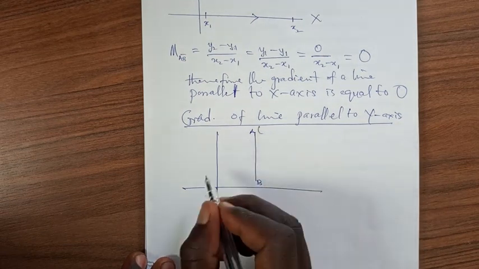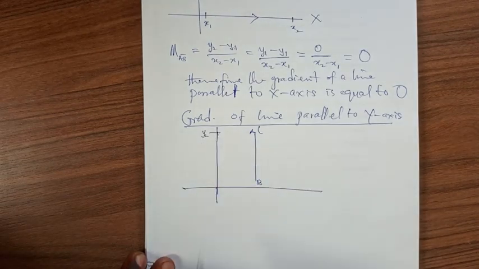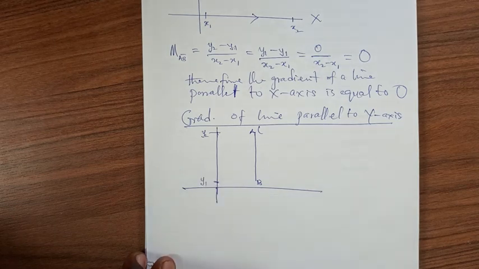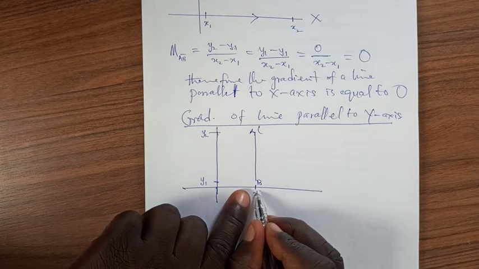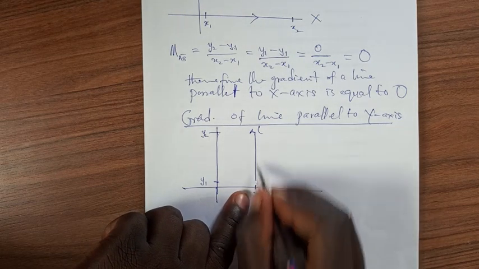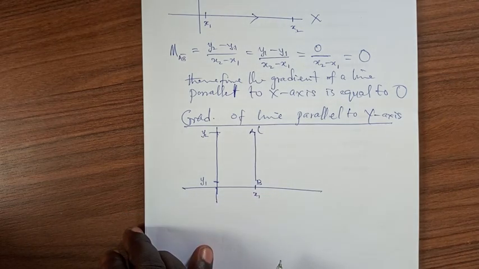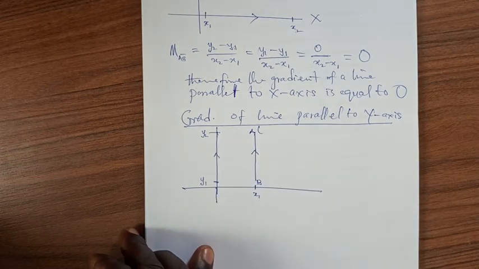This point A, here is y2 because it is the upper point, and this point is y1 as the lower point. So here is x1. There is no chance of x increasing because the line is directly perpendicular to the x-axis. And the line is now parallel to the y-axis.